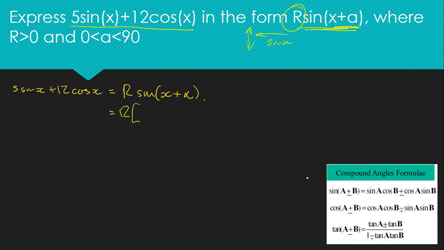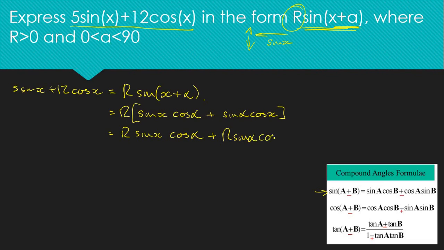That is the same as R lots of the compound angle formula for sine with a plus, which is sin x cos alpha + sin alpha cos x. Expand this out, and you're going to end up with R sin x cos alpha + R sin alpha cos x. So what we're saying is that this left hand side could be expressed as this right hand side.